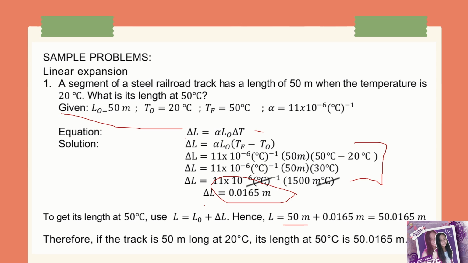Therefore, if the track is 50 meters long at 20 degrees Celsius, its length at 50 degrees Celsius is 50.0165 meters.